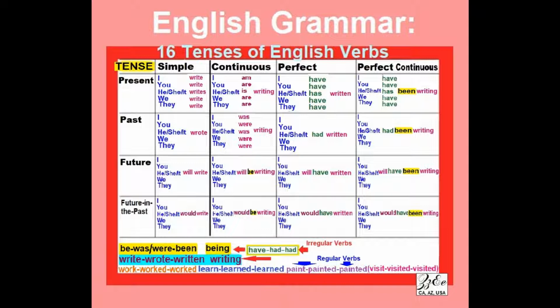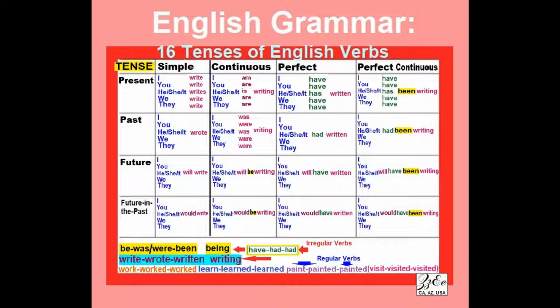Only in the future horizontal line is the auxiliary will used, and in the future in the past horizontal line of the 4 tenses the auxiliary would is used. This is the only difference between these 2 lines.